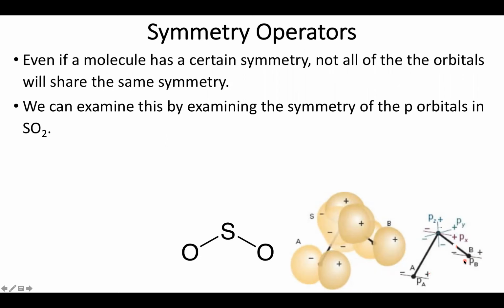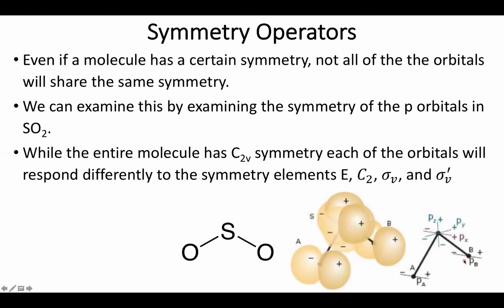So the entire molecule is going to obey C2V symmetry, which means it is symmetric or yields its own image if I apply one of four symmetry elements: the identity matrix, a twofold rotation or a 180-degree rotation about the sulfur, a sigma V axis, which is a mirror plane bisecting the molecule, and a sigma V prime axis, which is another mirror plane cutting through the plane of the molecule.